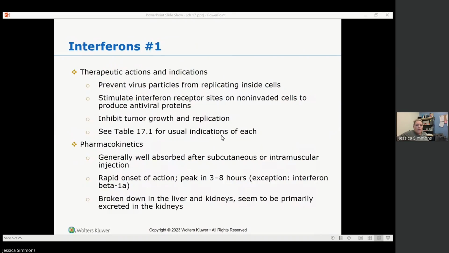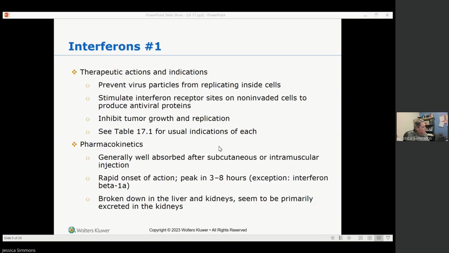With interferons, the therapeutic action is that they prevent virus particles from replicating, they stimulate interferon receptor sites and inhibit growth. If you want to look at table 17.1, that just gives you a lot of different drugs.